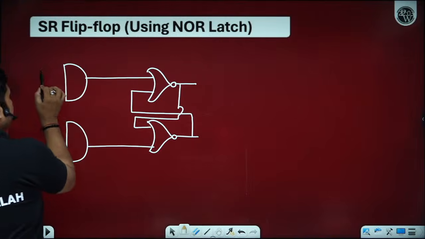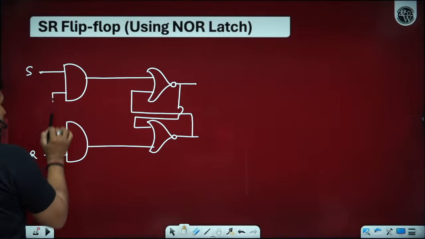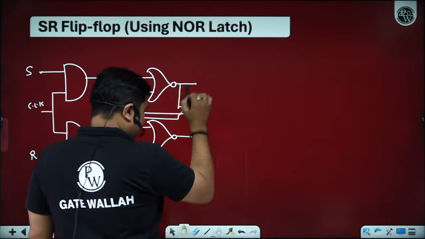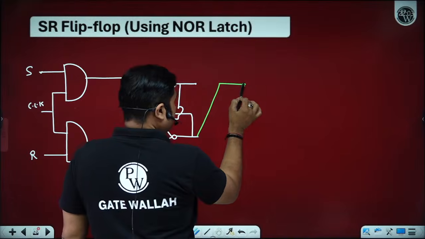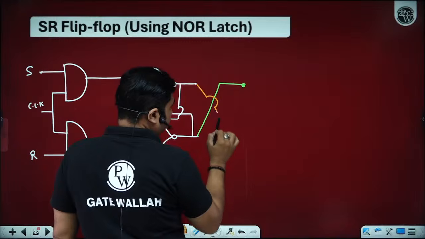Now please observe, beta ji, we have S, R, and clock. And I am going to design it like this. Why? I will let you know very soon. Please observe first.